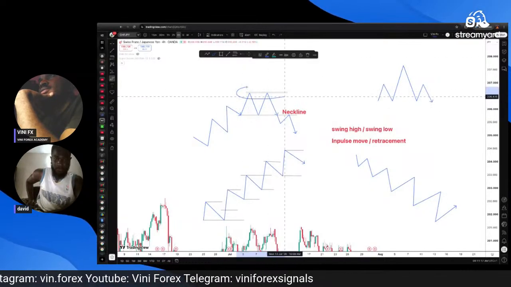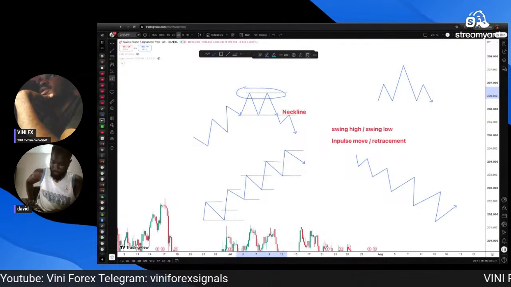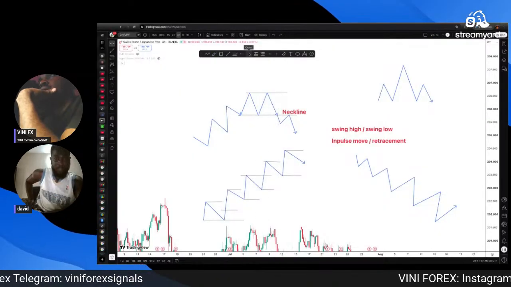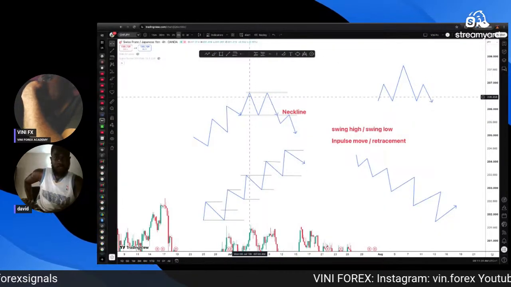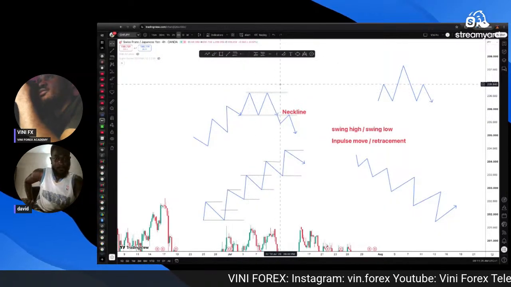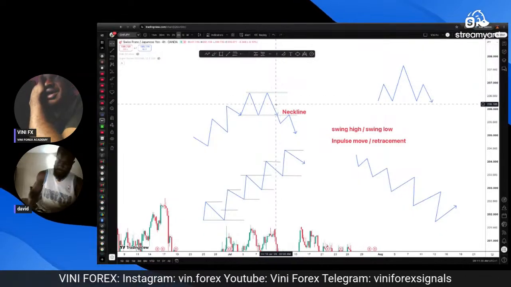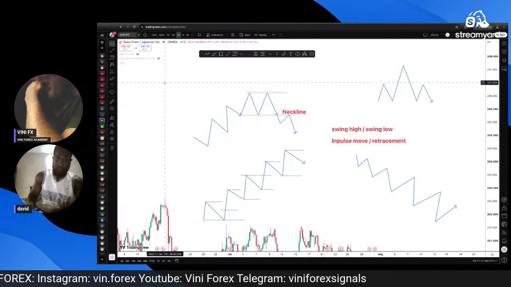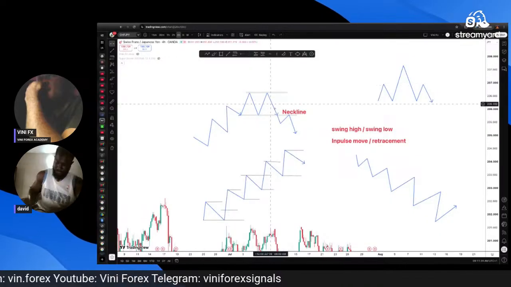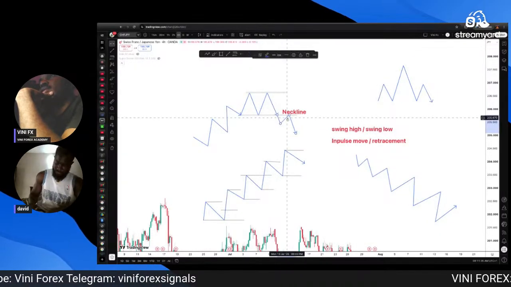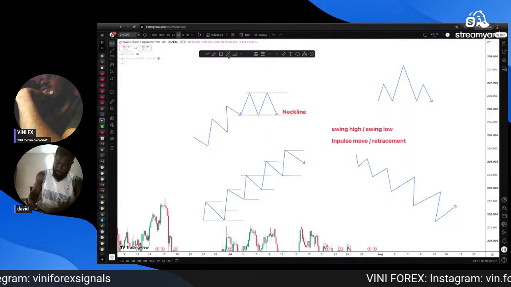Equal high or equal top. Equal high or double top? Yes. An equal high or double top. So the market can also give it to you in this manner. It can even become a triple top.